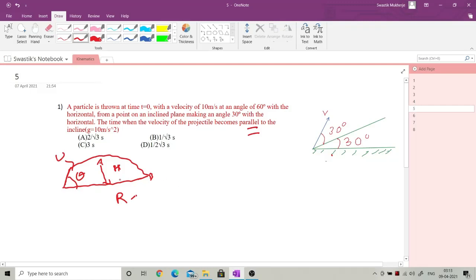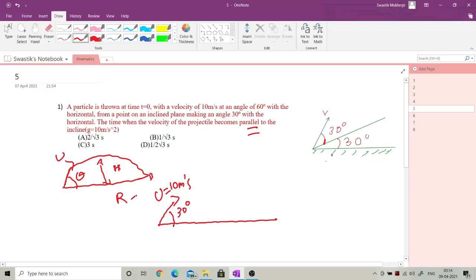Now here this is the ground. But here the body is traveling at 60 degrees with the ground, and at 30 degrees to the inclined plane. So if we consider our inclined plane as the ground, what would it look like? Let's say u here is 10 meters per second. This is 30 degrees.